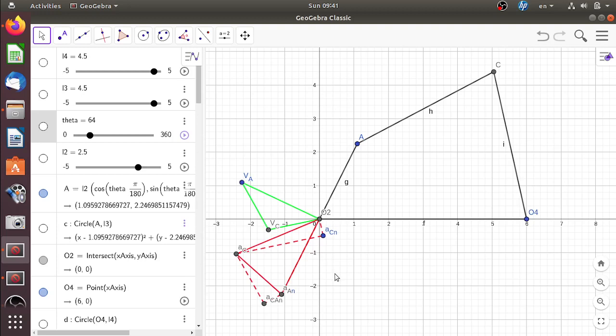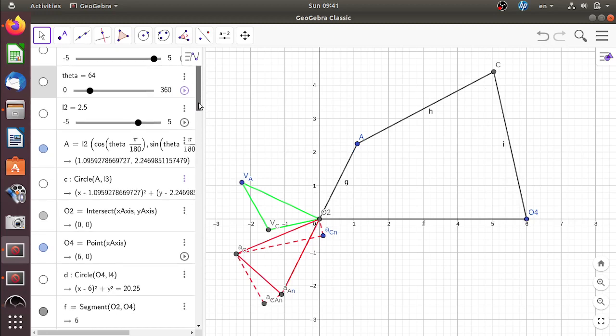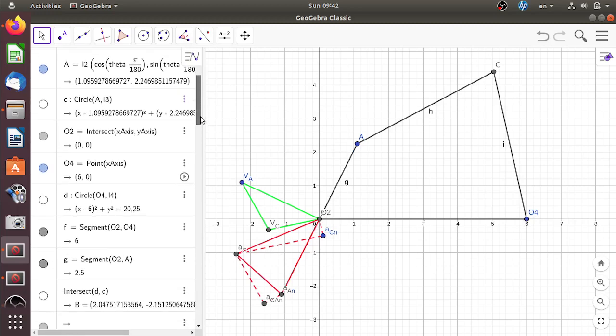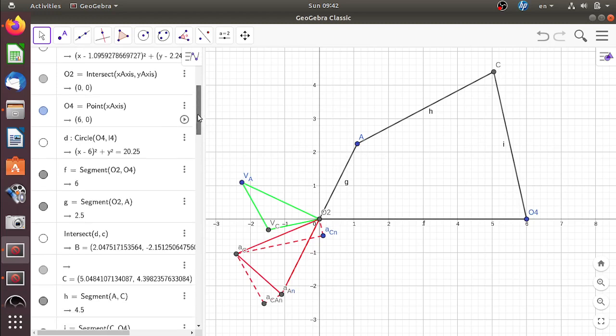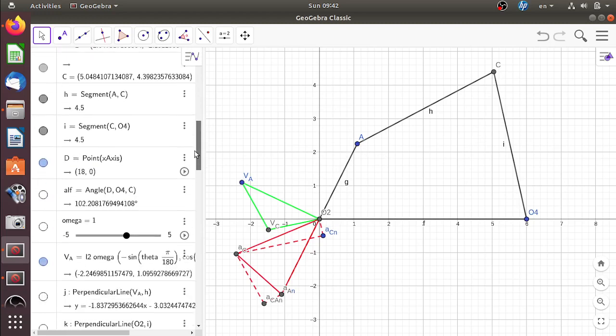Say we have constructed this configuration diagram. Now, in order to construct a velocity diagram, by constructing it we will get to know the velocity of this point A and the velocity of this point C. Just with the configuration diagram and those details we cannot construct it.